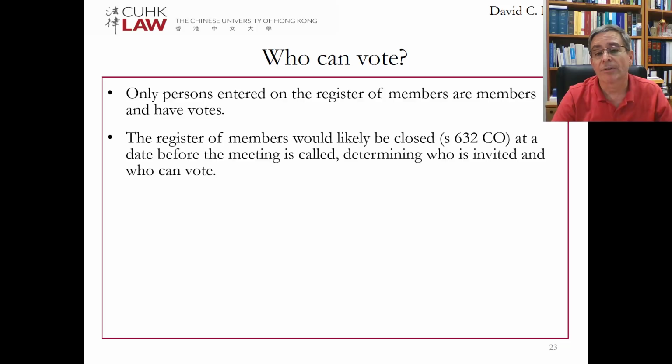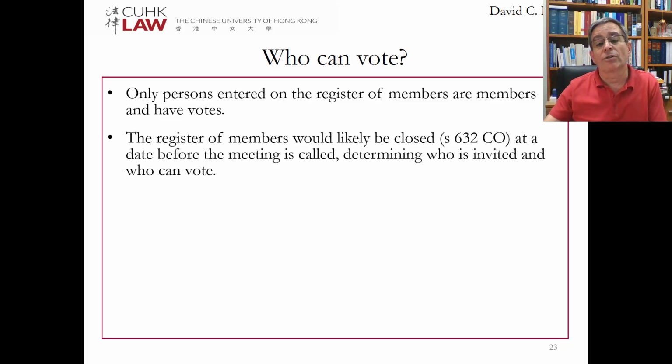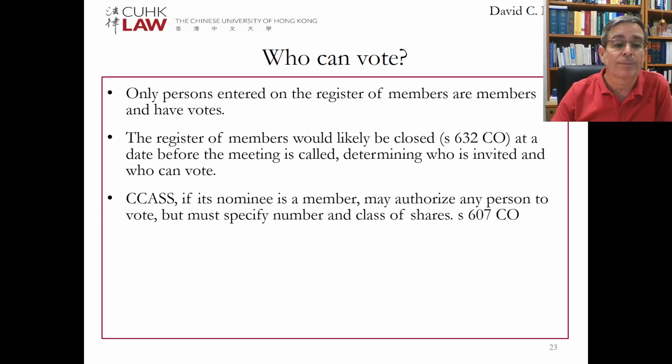And for that reason, just before the notice of meeting goes out, the register will be closed, no changes will be made until the meeting, and that list will be used for those persons invited to the meeting, and the same list will be used for paying dividends. And so again, a contract may be made to transfer dividends to the new buyer of the shares.